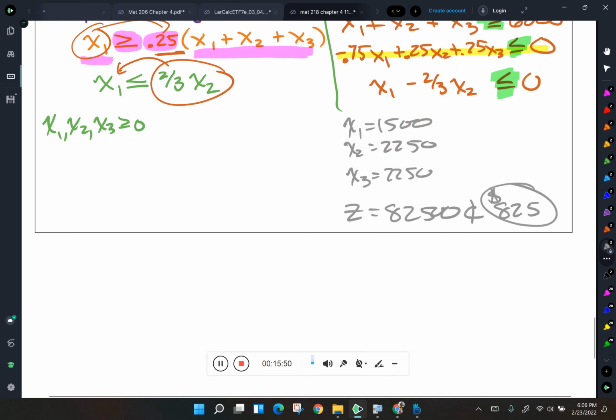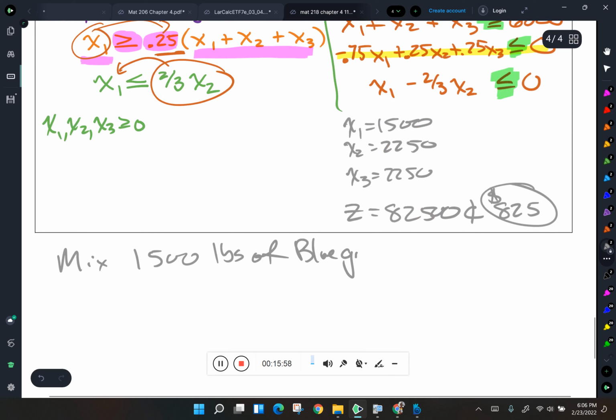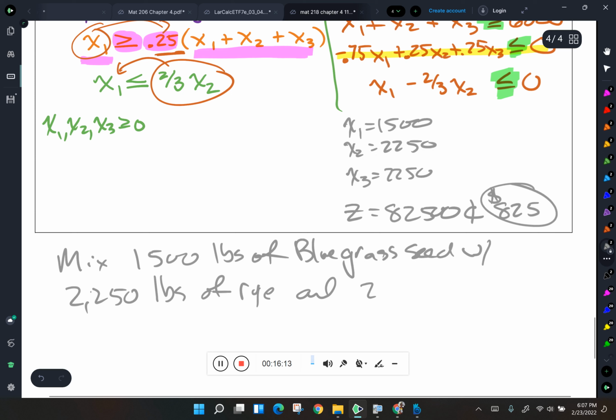They should mix 1,500 pounds of bluegrass seed with 2,250 pounds of rye and 2,250 pounds of, what was the third one?